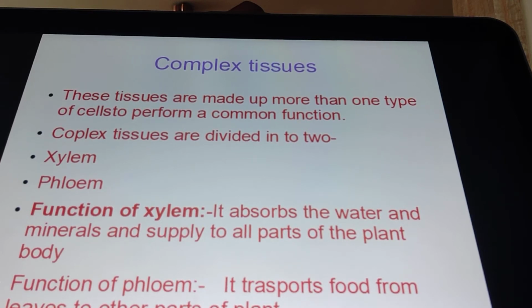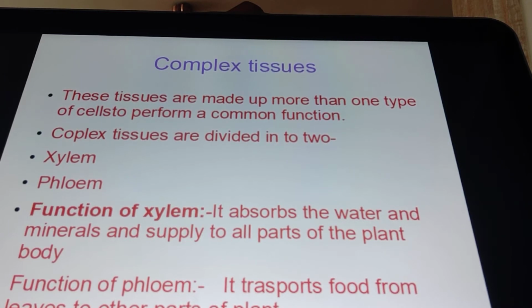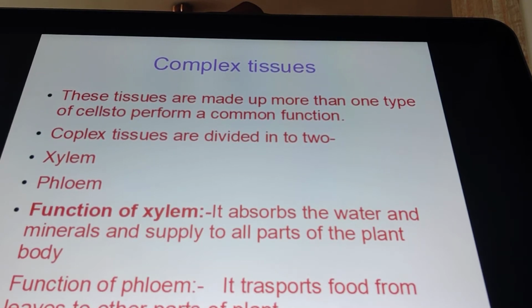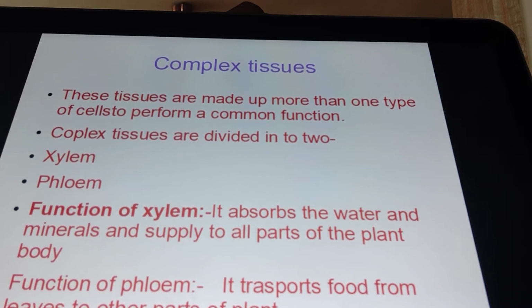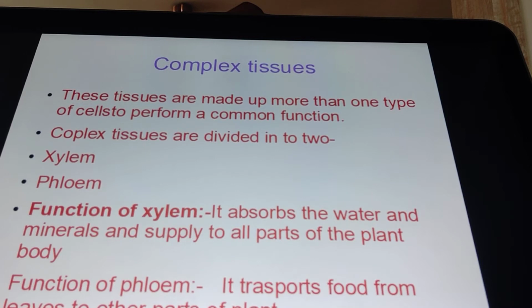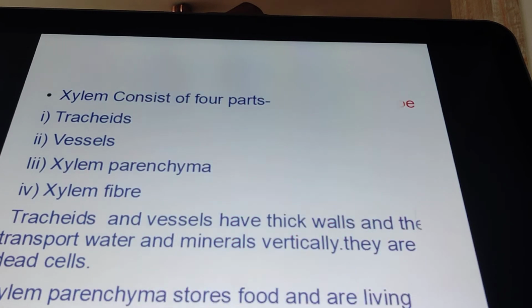As we have discussed, xylem is the tissue which helps to absorb the water and minerals from the soil and supply them to all parts of the plant body. But xylem again consists of four kinds of cells, which are also known as elements. Now which are the four parts?